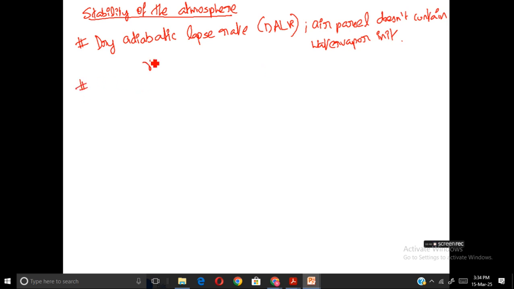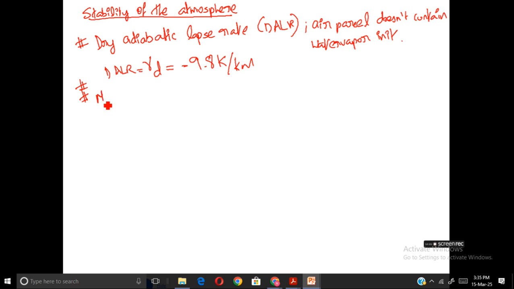It is given by the equation gamma D is equal to minus 9.8 Kelvin per kilometer. This is the rate at which the temperature reduces for a dry air parcel.